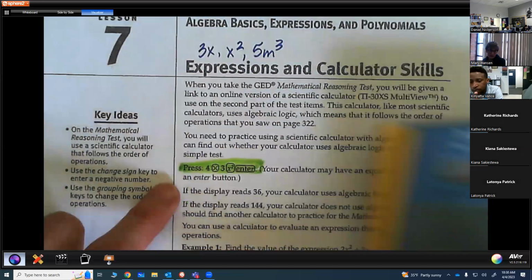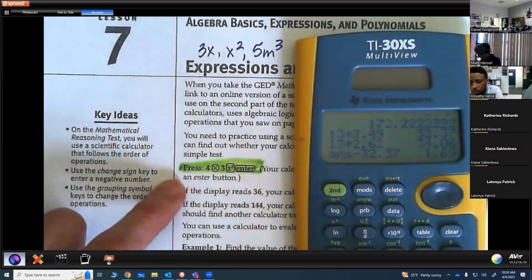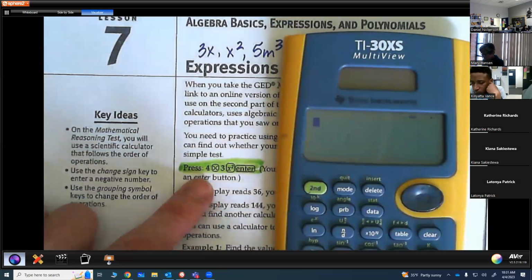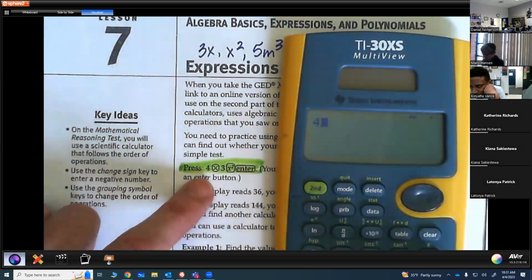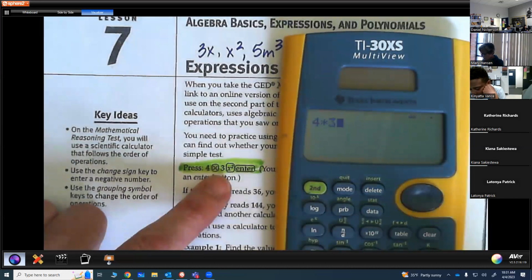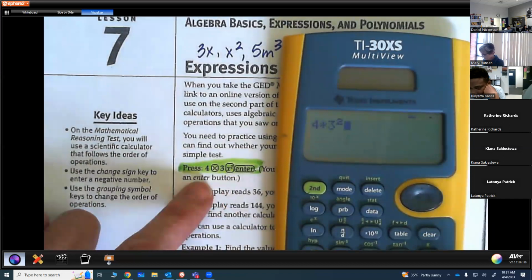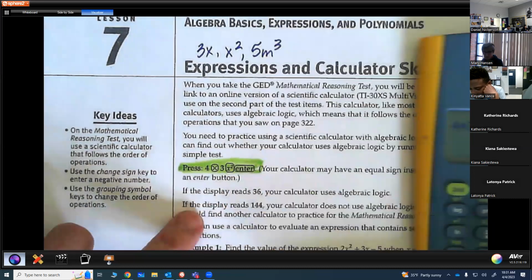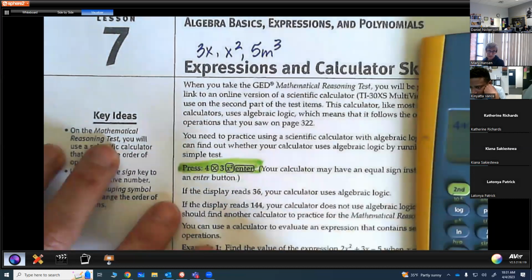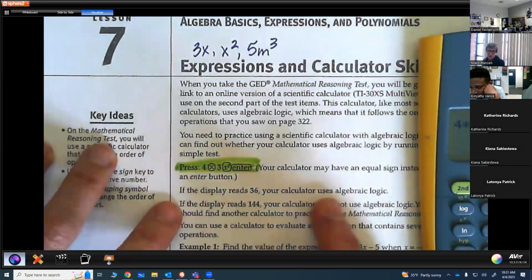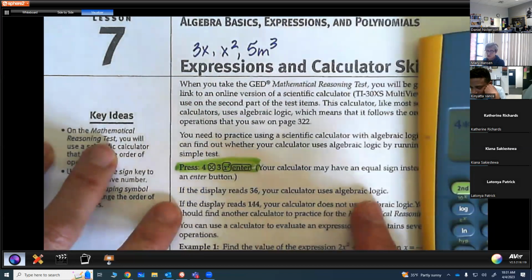It says to put in 4 times 3 and hit the x squared button. If you put that in your calculator and hit enter, it says if the display reads 36, which it should, that means your calculator uses algebraic logic, which means it's using the correct order of operations.